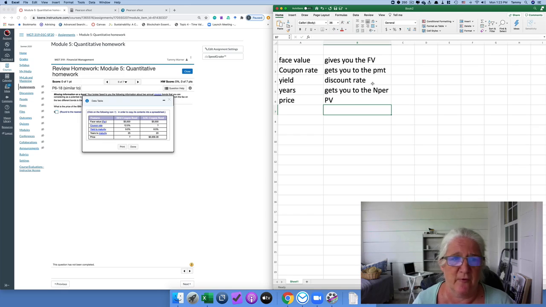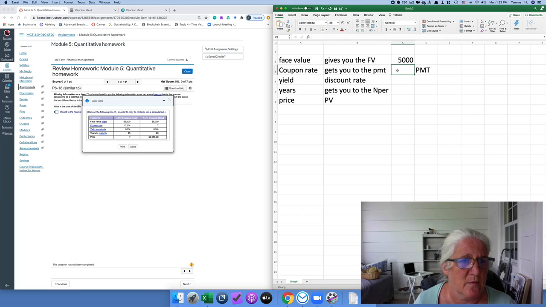So, for the first one, our face value is that $5,000. And the coupon rate is 12.5%, which means that the payment is going to be, okay, it's annual coupon bonds, all right, so the payment is going to be 12.5%, 0.125, times the 5,000.